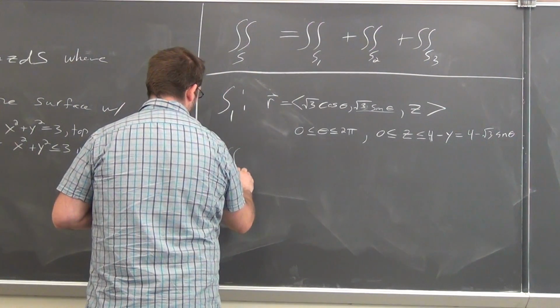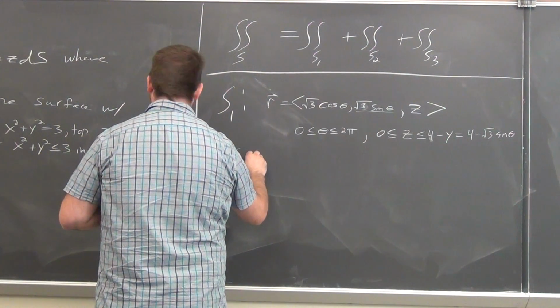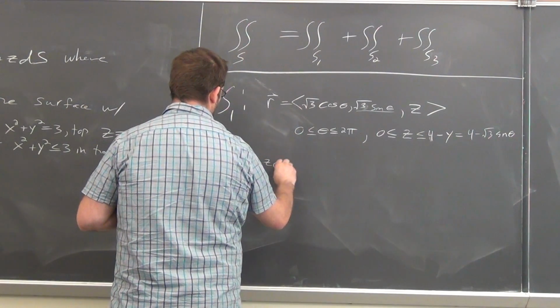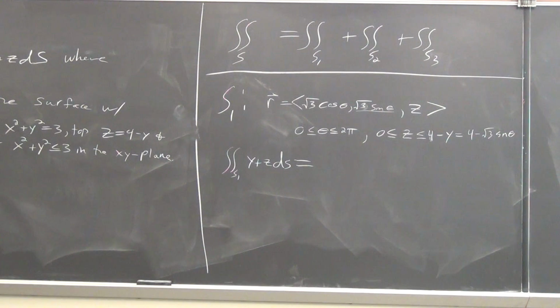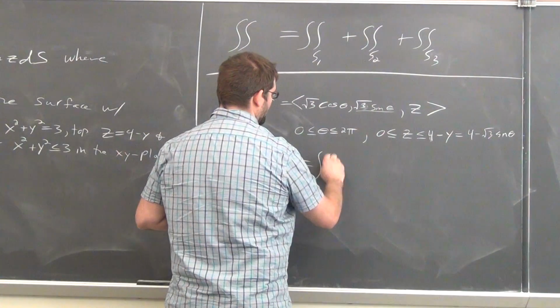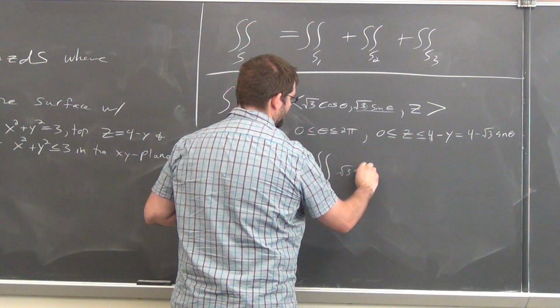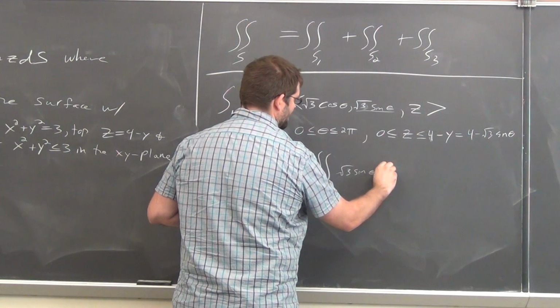So over S1, the integral of y plus z dS. And so, again, the y and the z just go in for themselves, so it's the integral of root 3 sine of theta plus z.